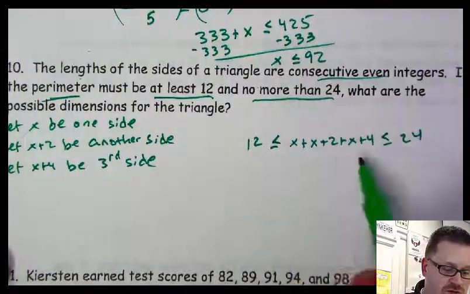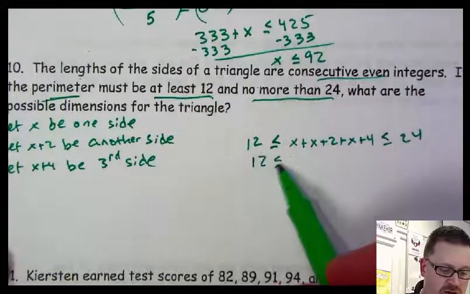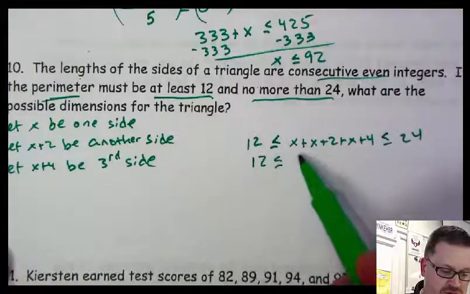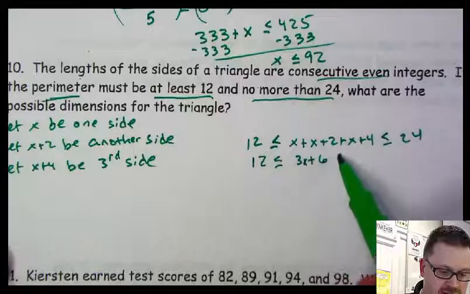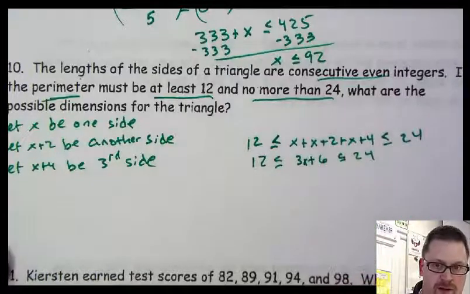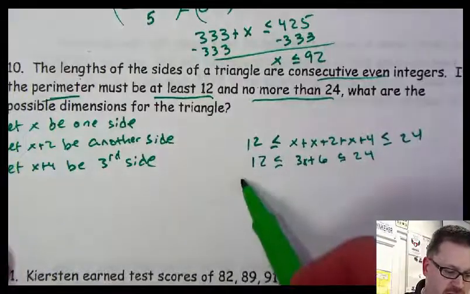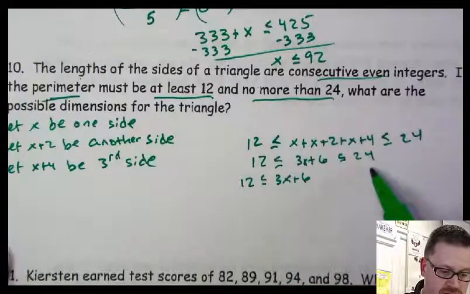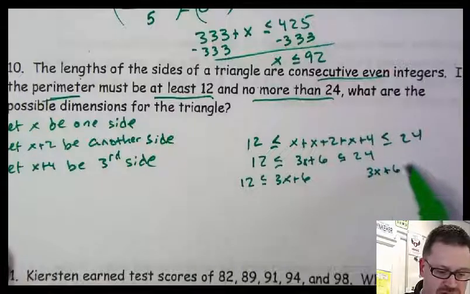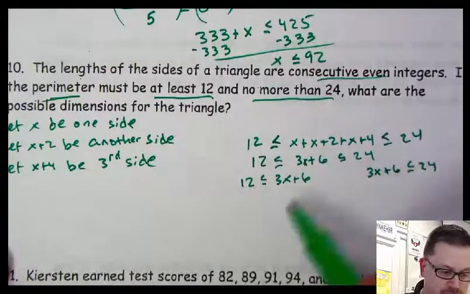So now what we're going to do is solve this compound inequality, but first I'm going to simplify this to 3x plus 6 less than or equal to 24. And just like we did on the first sheet, if you remember how to solve the compounds, we have 12 less than or equal to 3x plus 6, and we have 3x plus 6 less than or equal to 24.